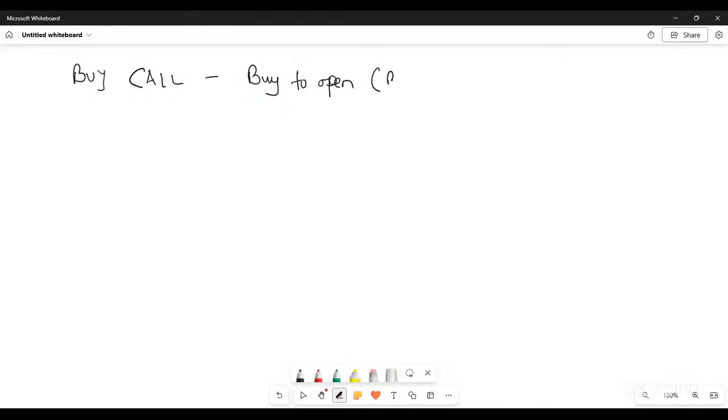This is also called BTO, buy to open. Then when we are closing, we bought a call, it's giving us good profits, and then we want to close this, right? So we will do the opposite. We will sell this call.